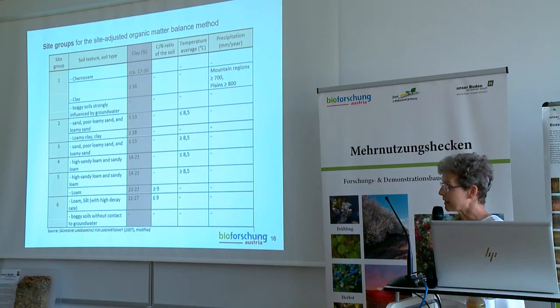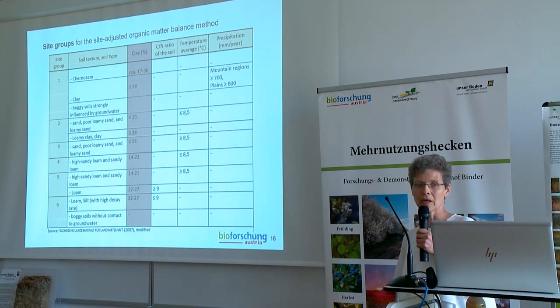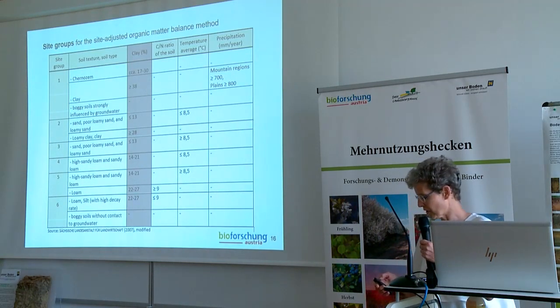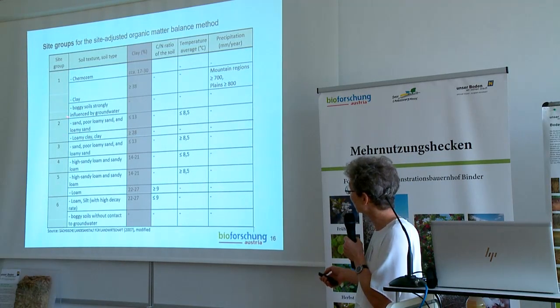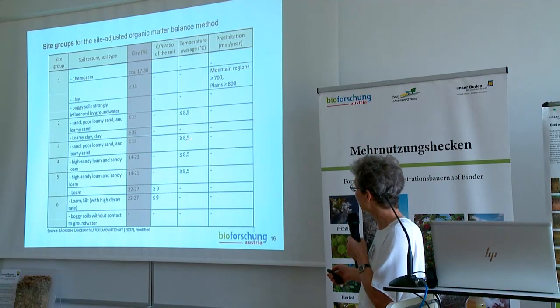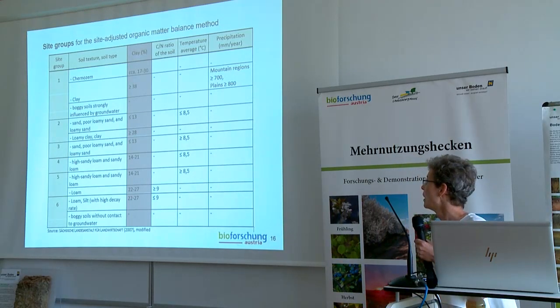The second challenge for the map was that for some decisions, for example, if you have a sandy soil and you have to decide if it's site group 2 or 3, the average air temperature on the site is decisive.